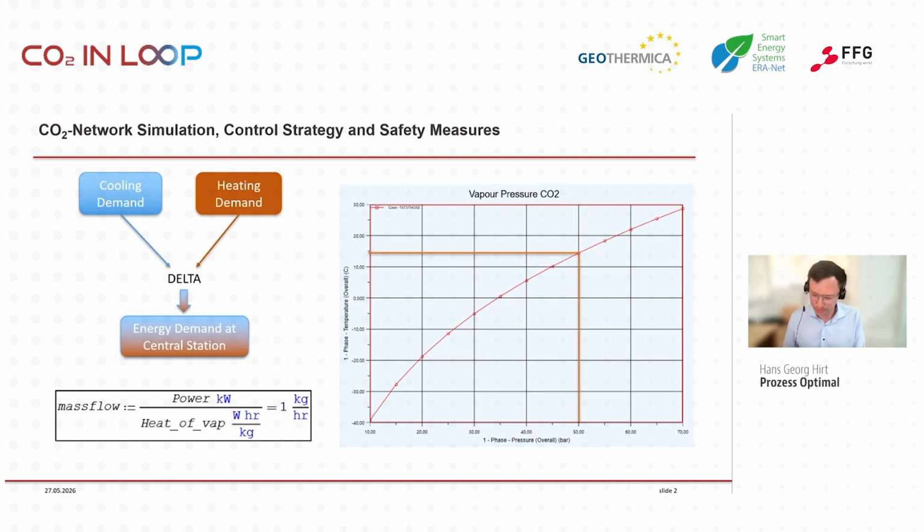As Robert already mentioned, we have a vapor pressure of 50 bar in our model network, and this has a resulting temperature of about 14 degrees Celsius at the boiling point. And this is why we are operating at this temperature. So we suggested to keep about 10 degrees Celsius at the liquid line and at least 15 degrees Celsius at the vapor line to ensure enough spread to the boiling point.